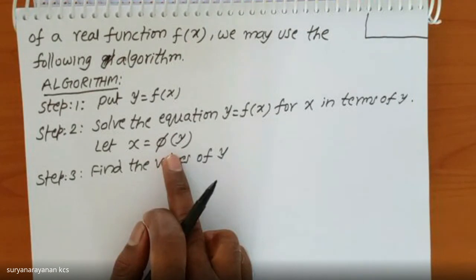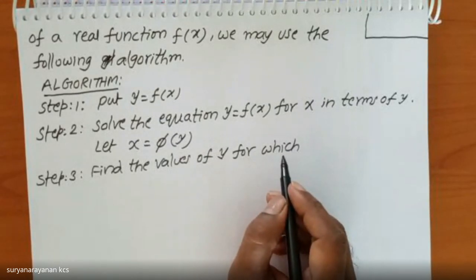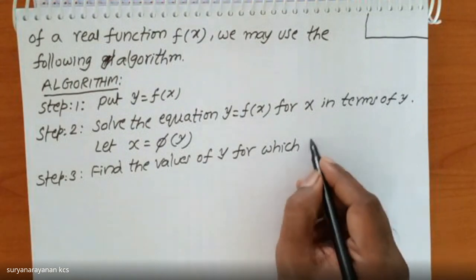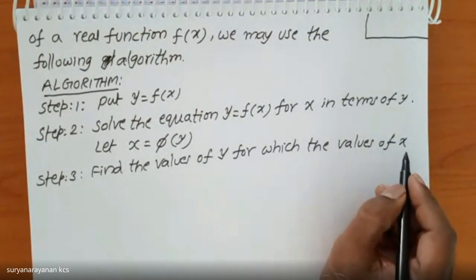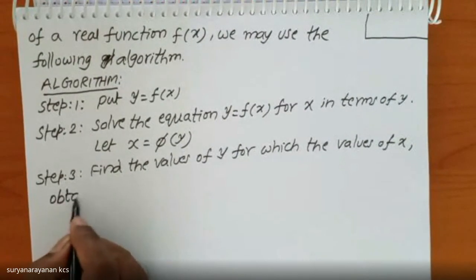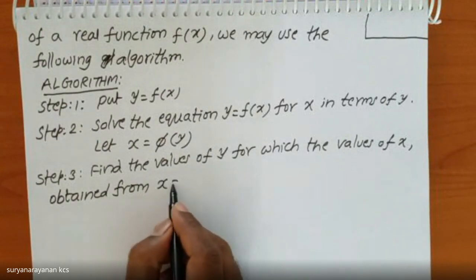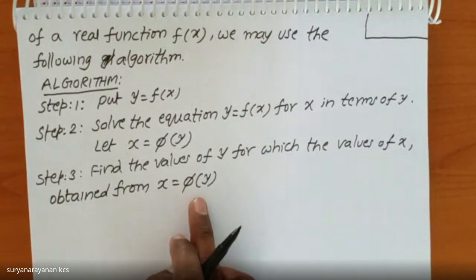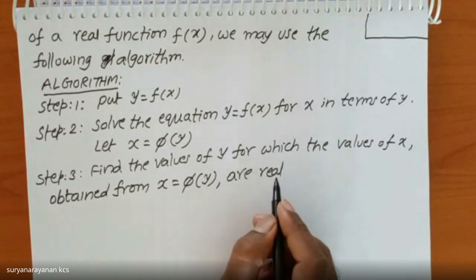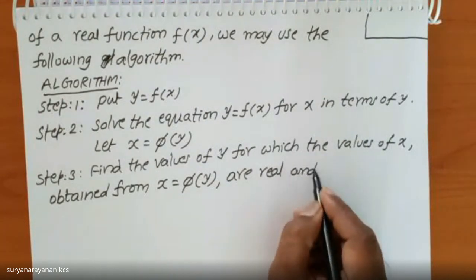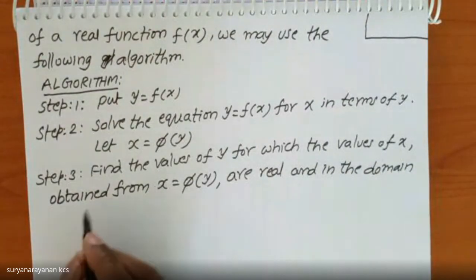Find the values of y for which the values of x obtained from x is equal to pi of y are real and in the domain of f.